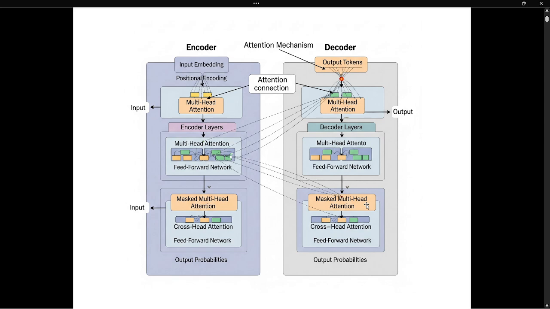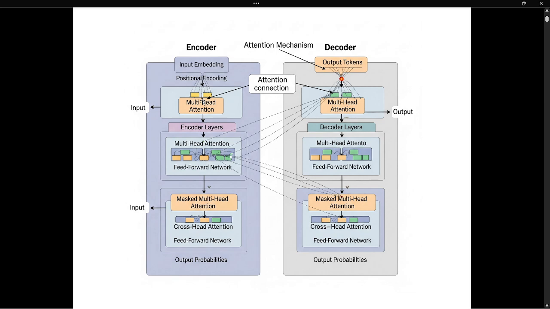First we will understand the encoder. In input processing, words are turned into vectors, which is called embedding. Then positional encoding adds the words in order.